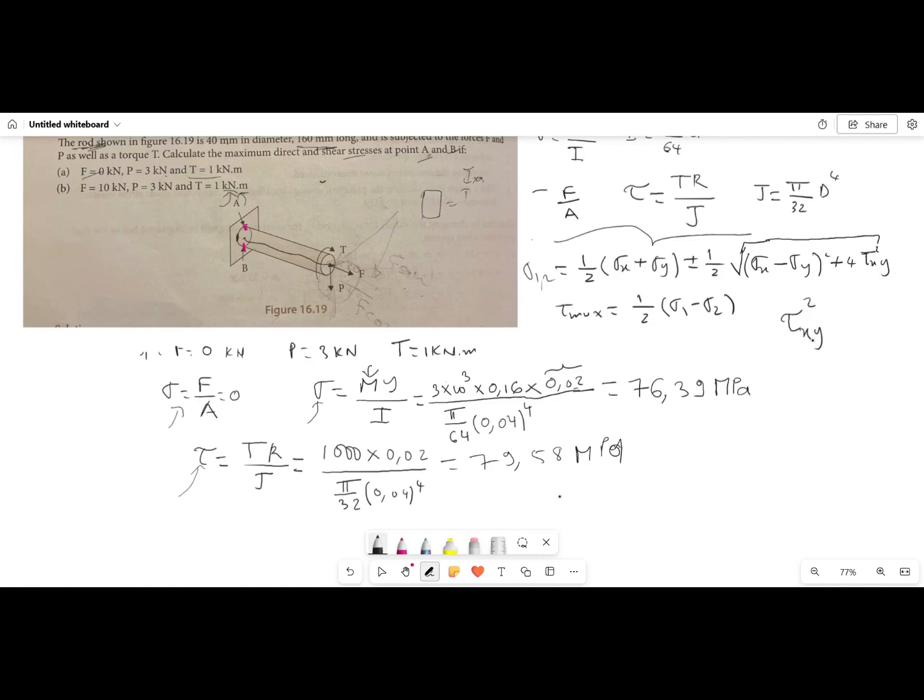Do you know why we call it xy, my brother? Because this thing is shearing in both axes. That's why I said your tau xy will always be the shear stress. What is important to us is to find out what is sigma x and what is sigma y. That's what I'm about to explain. Did I answer you first here? I think this was the question. Yes, sir. Okay.